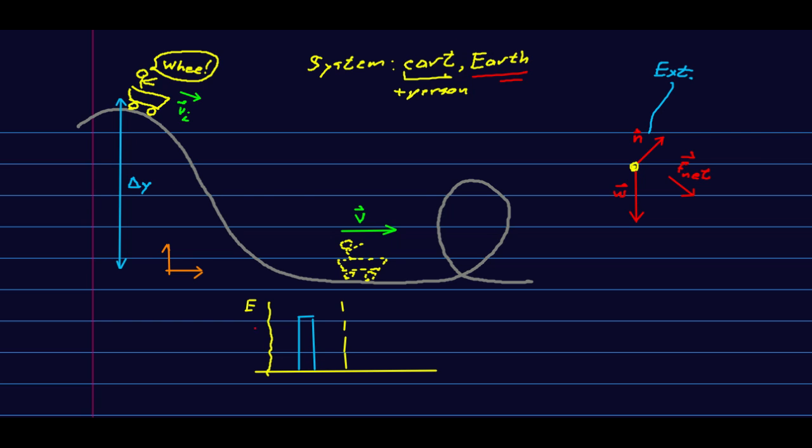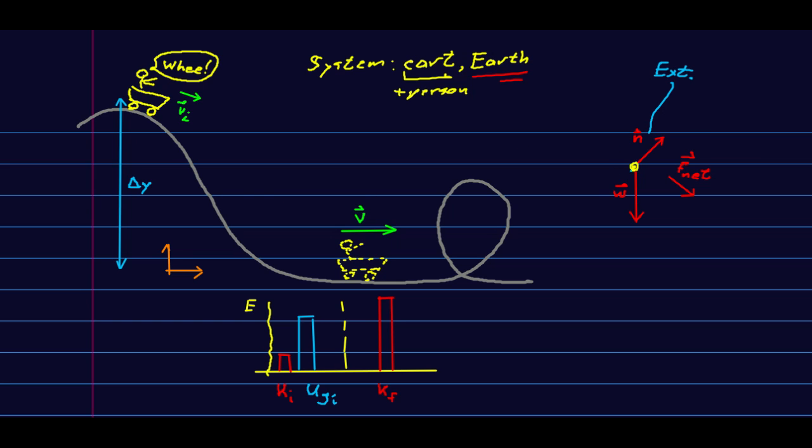And because I started it moving, it has some kinetic energy, and it ends up with a lot of kinetic energy. And the only external force is that normal force, and we know it does no work because it is perpendicular to the direction of motion at all moments, and so the system's energy is conserved.